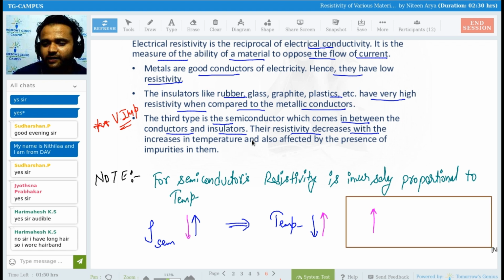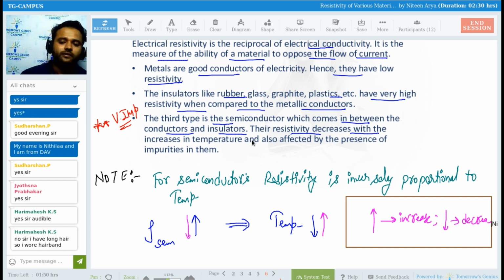Let me explain to the new student: this upward arrow means increase, and this downward arrow means decrease. Is this clear, beta? Everyone?